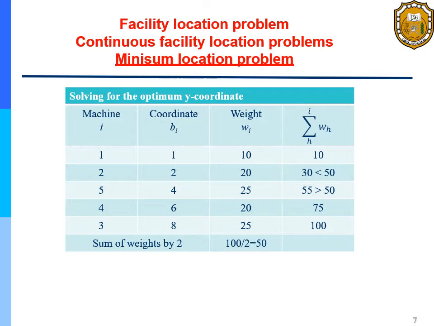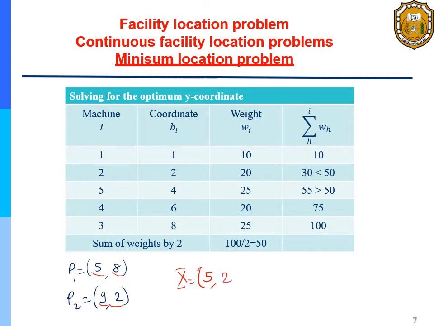So let me give a quick example. Let's assume that we have a facility with, let's say, coordinates 5 and 8, and we have another facility with coordinates, let's say, 9 and 2. The statement that I told you just a second ago says that the optimal x coordinate of the new facility can be either 5 or 9. Okay, let's assume that it is 5. And the optimal y coordinate of the new facility will be one of these two, 8 or 2.